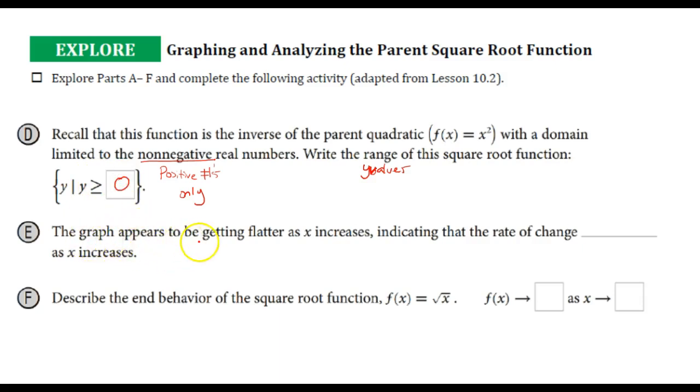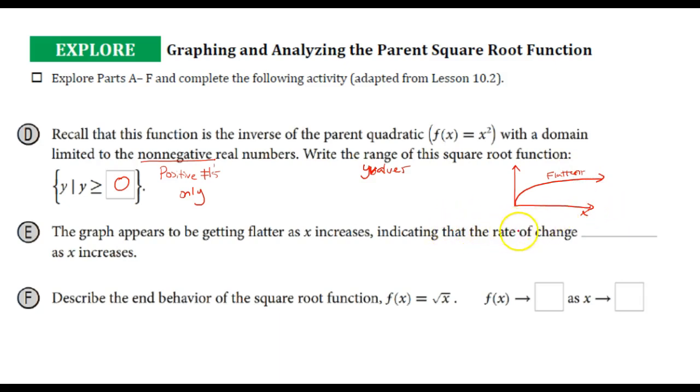It says the graph appears to be getting flatter as x increases. In fact, as you can see here in my recreation of that graph, it kind of plateaus or flattens, just like it says, as x becomes larger.